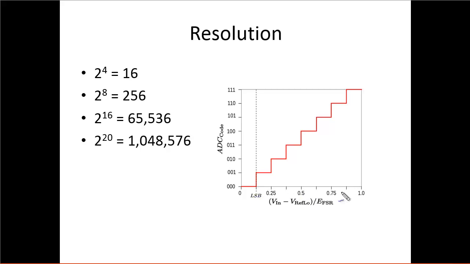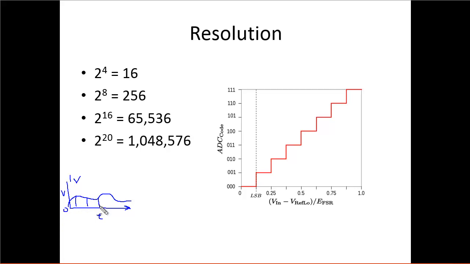Okay, so in this example, I've got a signal that's coming in. Let's say this is the signal, this is time, and this is volts. For this one, I'm going to say this goes from 0 to 1 volt. My signal comes in and it varies, and over the course of this, I'm going to digitize this signal.